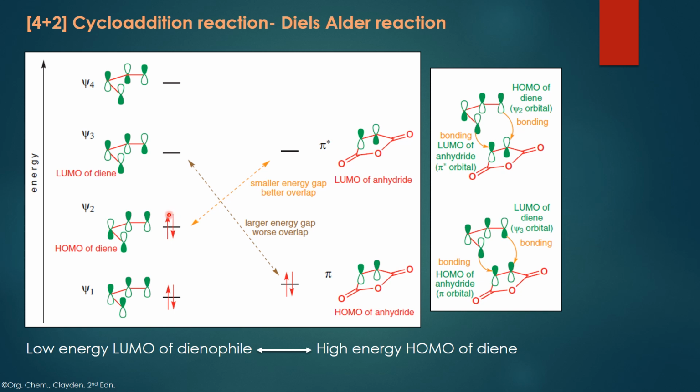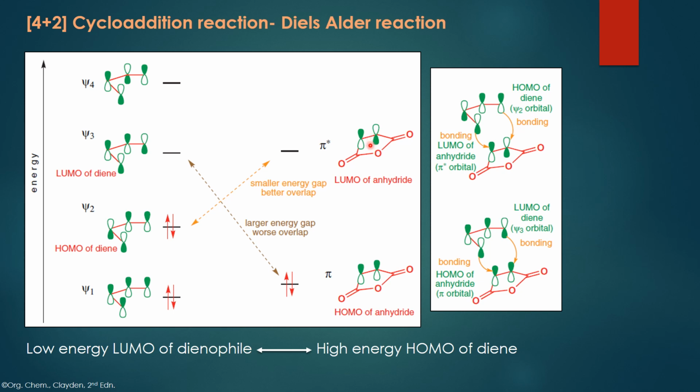When the electron density increases in this diene by substitution with an electron releasing group, the energy increases. Whereas when the dienophile is substituted with an electron withdrawing group, as we have discussed in the last video, the energy decreases. That means the electron density decreases in the pi bond and hence the energy decreases.